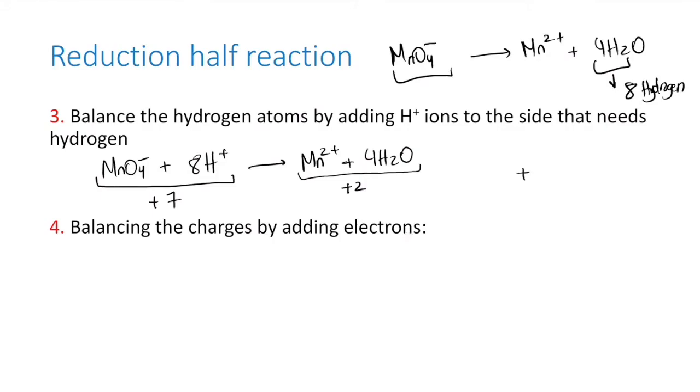For the plus 7 to become plus 2, so that these two are equal, we need to add 5 electrons, right? So that 7 minus 5 is equal to plus 2. This is a side note.